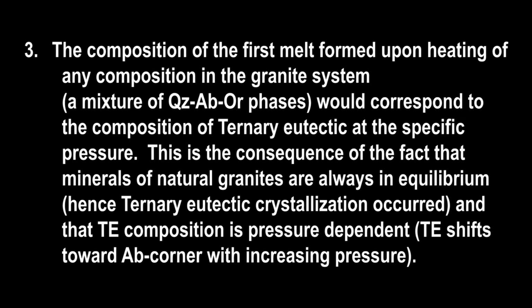This is the consequence of the fact that minerals of natural granites are always in equilibrium, hence ternary eutectic crystallization occurred, and the ternary eutectic composition is pressure dependent. The eutectic shifts towards the albite corner with increasing pressure.